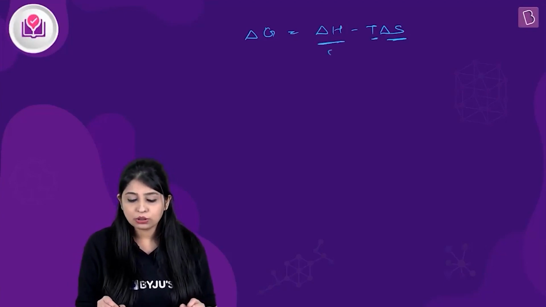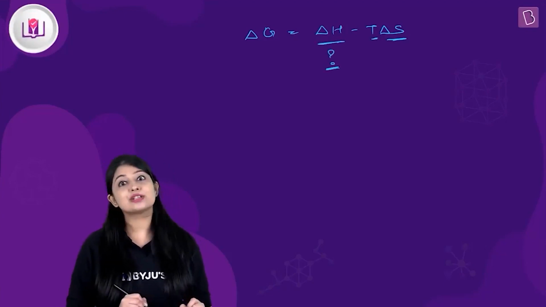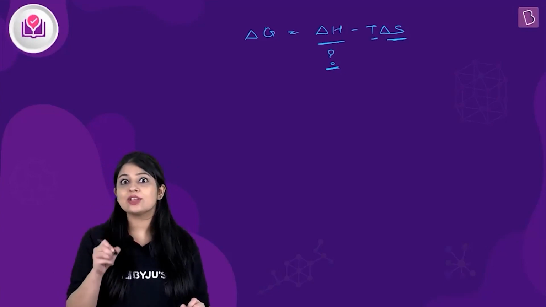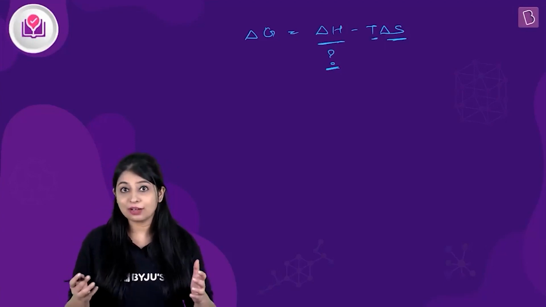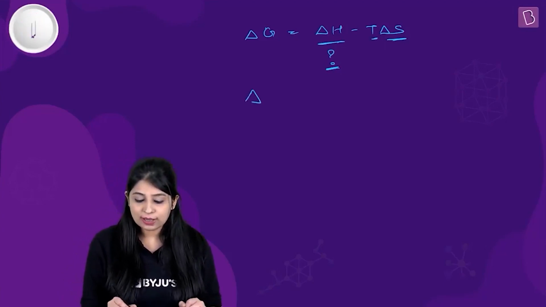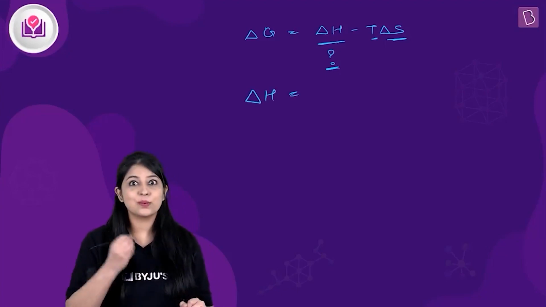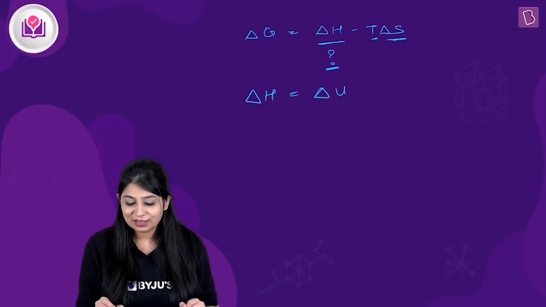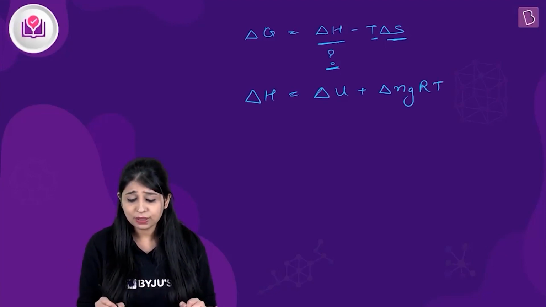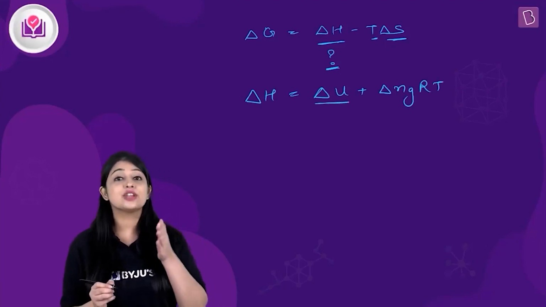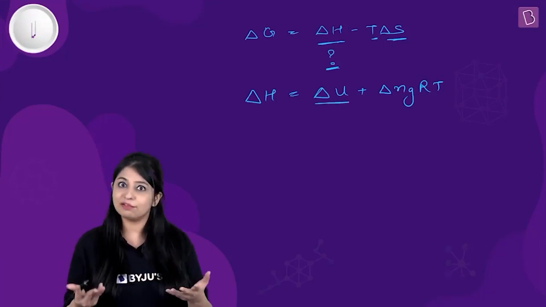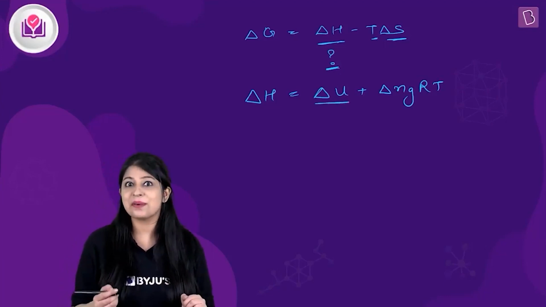But we do not know our delta H, which is change in enthalpy for the reaction, right? So first we have to find delta H, which is given by delta U plus delta Ng RT. What is delta U? That is the change in internal energy. We have been given that for the reaction in our question.